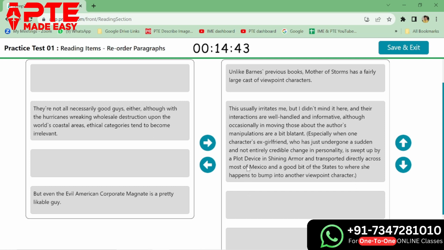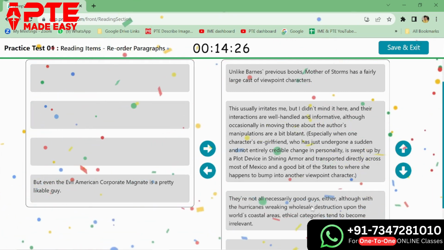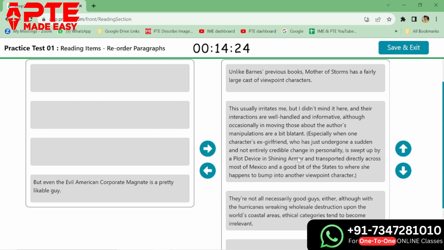Why are we going to put it here? If you look at the last sentence, especially when one character is an ex-girlfriend, they are talking about good characters, bad characters. So definitely they are not necessarily good guys. We are going to add it clearly here because they are referring back to the last sentence of the previous one.